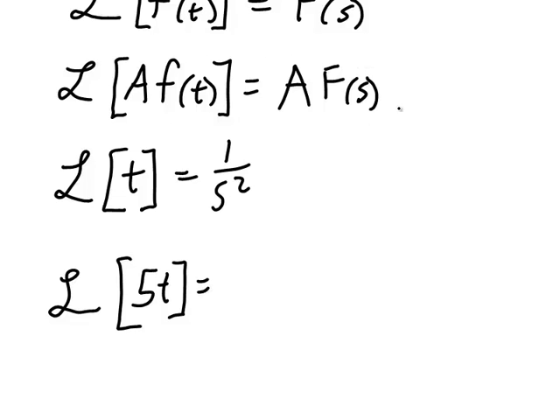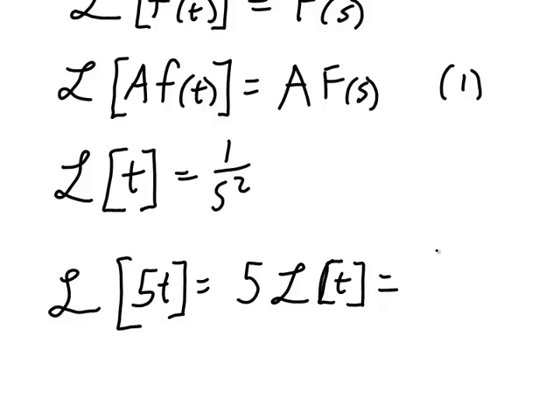We can combine this property that we just learned together with line 3 of our table to find the Laplace transform of 5t. By applying property number 1, we can see that this is equal to 5 times the Laplace transform of t. And since the Laplace transform of t is 1 over s squared, this will then be equal to 5 over s squared.